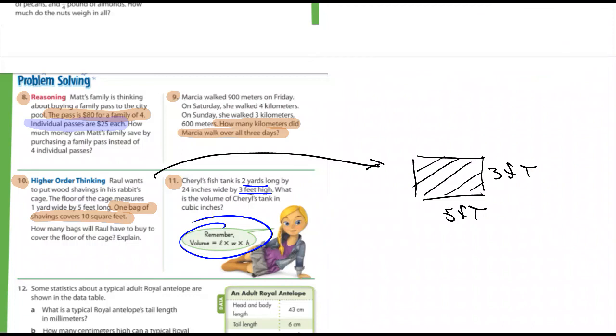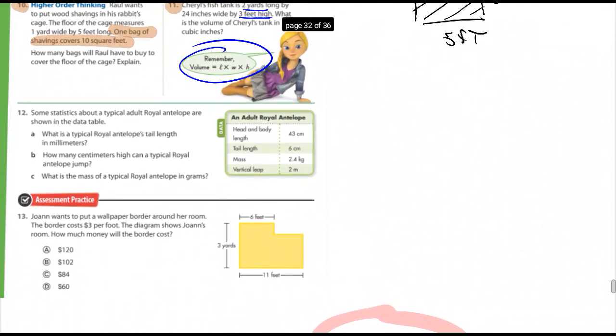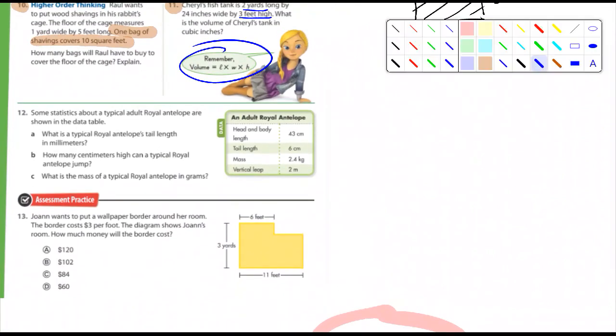And number 12, let's take a look. 12 and 13. 12, some statistics about typical adult royal antelope are shown in the data table. So it looks like we're talking about antelopes. It says, what is the typical royal antelope's tail length in millimeters? And centimeters, they're talking about in B, and then grams.